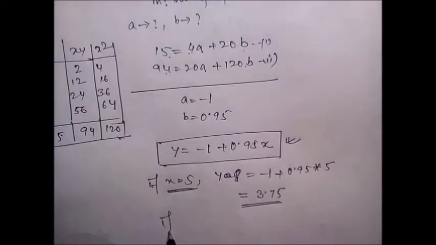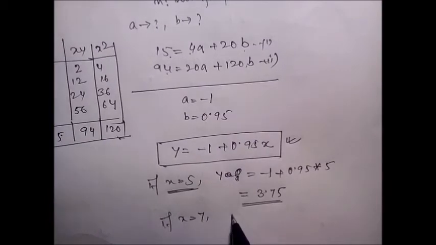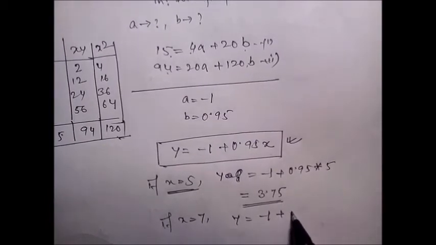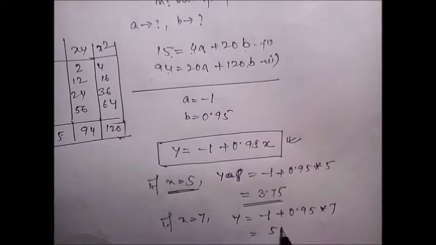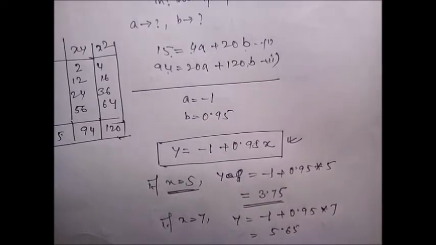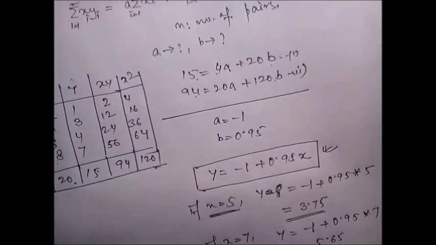Similarly, if x is equal to 7, y is -1 plus 0.95 into 7, that is 5.65. In this way we can use regression for prediction purposes.